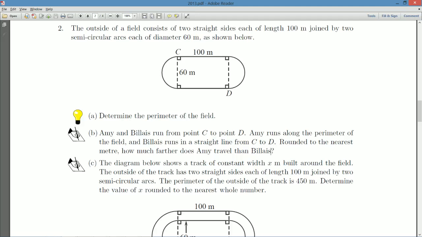Okay, well, they both take different ways around the track, and both of them are easily stated. Amy runs along the perimeter, and Bilius runs in the straight line from C to D, so both of these are completely calculable.